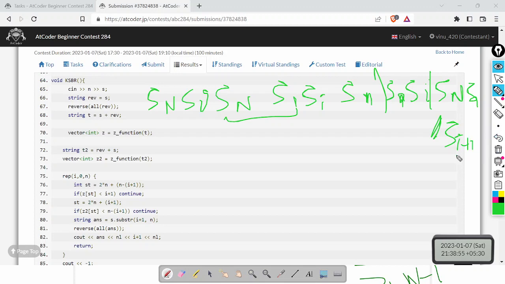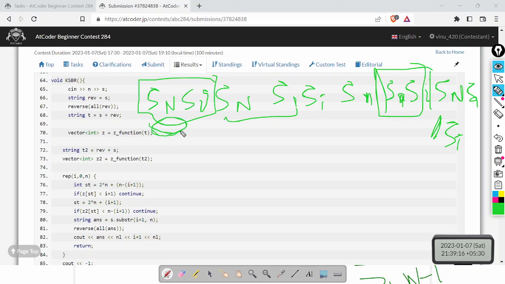Okay, so if we are fixing i, then we know that the remaining suffix is this si+1 to n. So we want to compare this thing with this thing, that this sn to si is the same as this string. So we are interested in this portion and this portion.